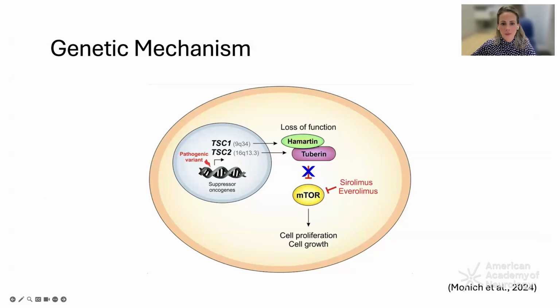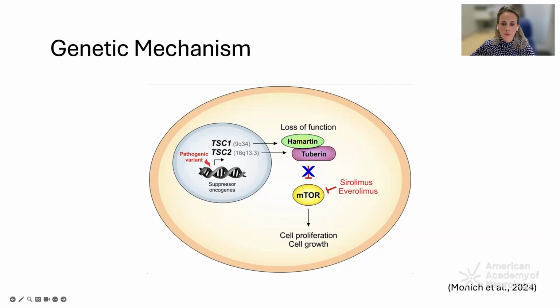The genetic mechanism of tuberous sclerosis is shown here. So tuberous sclerosis is caused by heterozygous loss of function variants in the TSC1 or TSC2 genes. Both genes are important for regulation of cell growth through the mTOR pathway. Genetic diagnosis can be made through targeted single gene testing, panel, or exome.